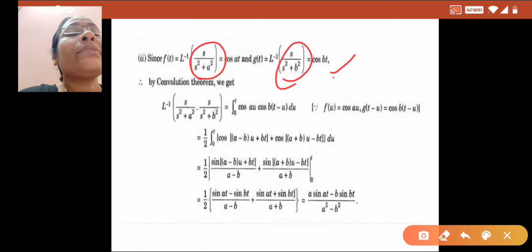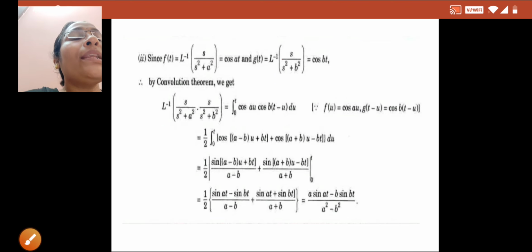By applying the convolution theorem, L inverse of f bar of s into g bar of s equals the integral from 0 to t of f of u. F of t is cos at, so f of u becomes cos au. G of t minus u equals cos of b into t minus u.